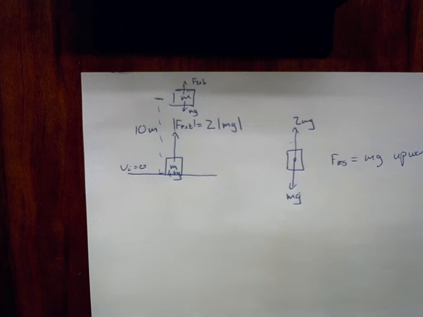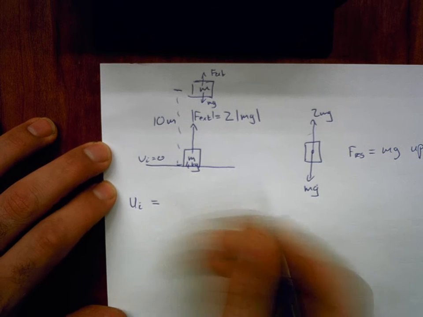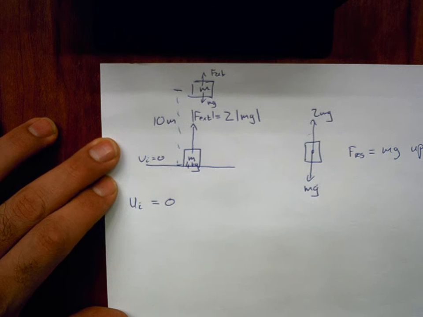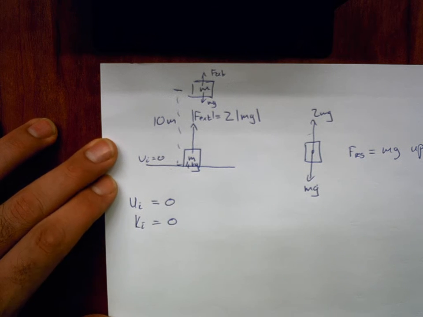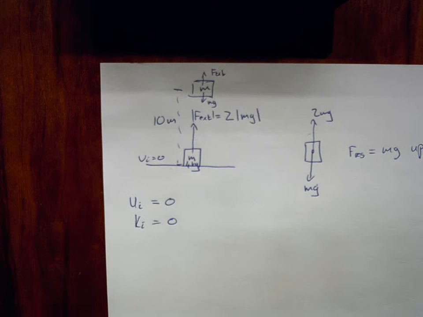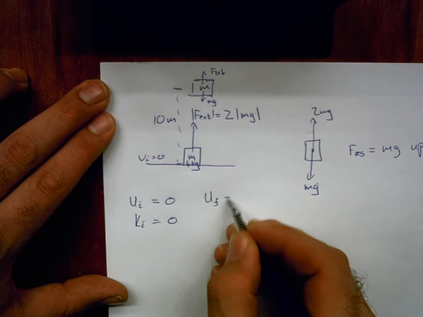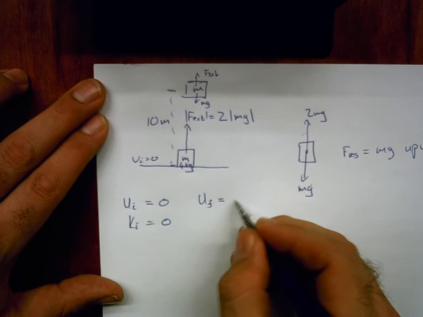So first of all, we know that the initial potential energy, because this thing is on the ground, is going to be 0. Also, the initial kinetic energy is equal to 0 because it doesn't have a velocity. The final potential energy is, it's now 10 meters above the surface of the Earth.